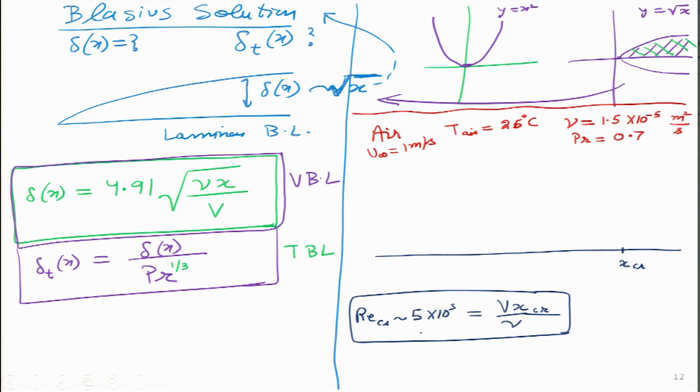I can use it because in this equation velocity is known to me as 1 meter per second, and nu is known because I have taken it from the table. So, I can calculate the value of x critical for air, and it is approximately 7.5 meters. Please keep checking these numbers, because I am doing these calculations by hand, and maybe I might have made some small mistake.